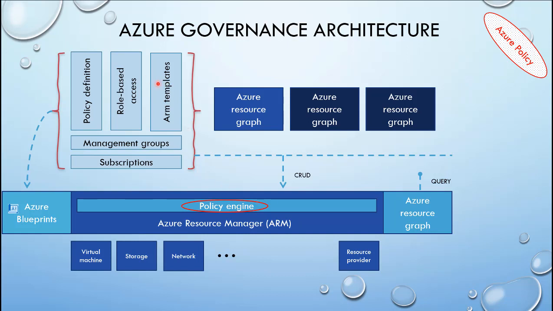So every time you deploy some kind of code or do some kind of work, it will initiate some code at the back end, which is your Azure Resource Manager. And then this code will be checked with the policy engine.